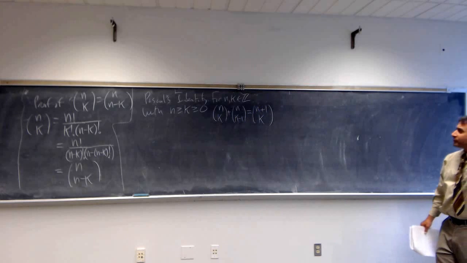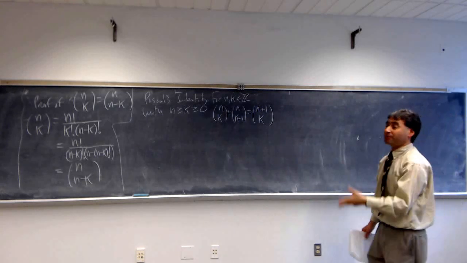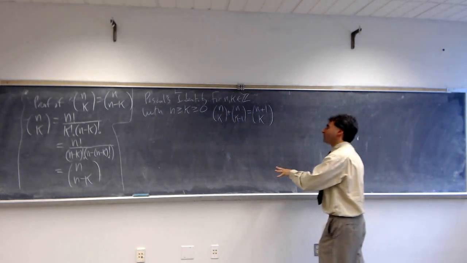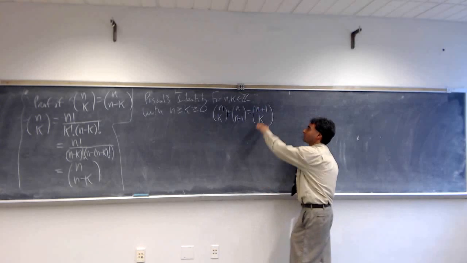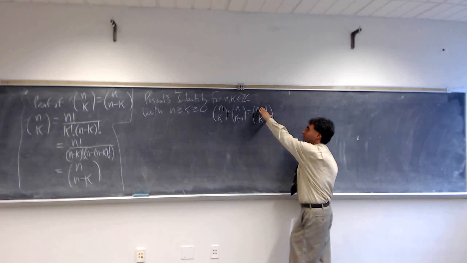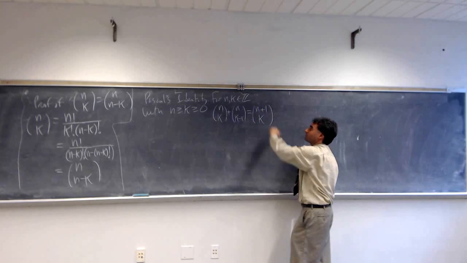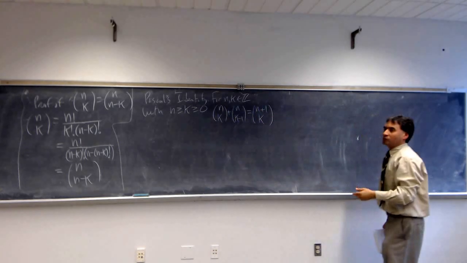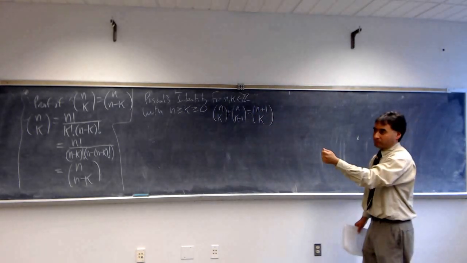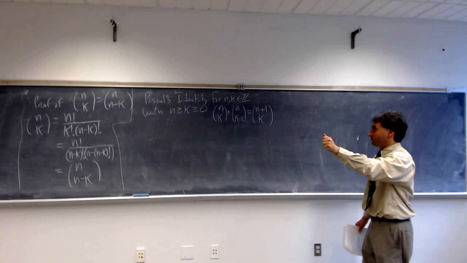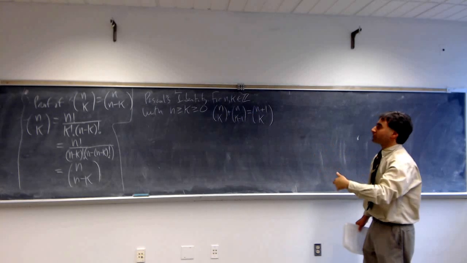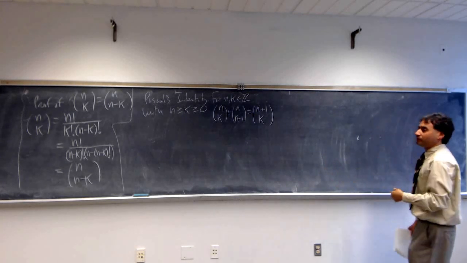And before I prove this computationally, it's pretty simple, but what's the idea behind this proof? Why would this make sense? So you have n plus 1 elements, and you want to take a k element subset of that. Let's label the elements 1 through n plus 1.